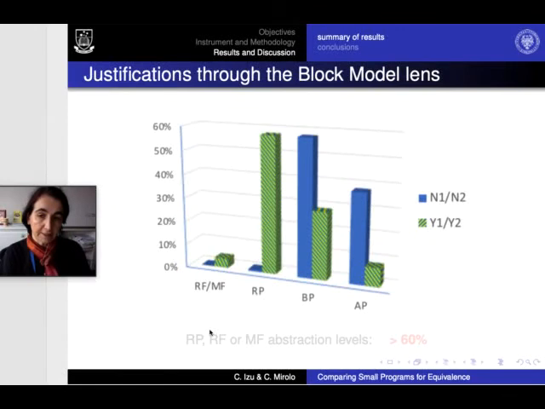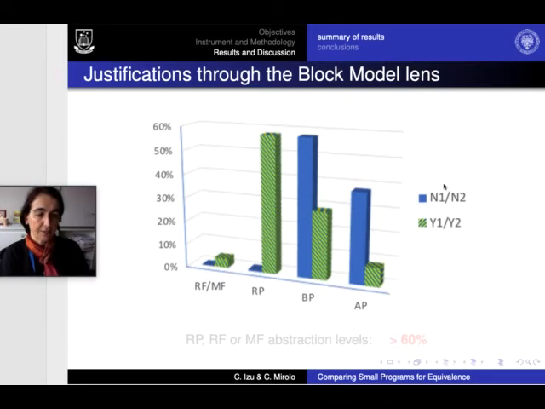If we look at the key insights in terms of the block model, as we expected when we proposed the task, the majority of students are discussing the relationships between the blocks during execution. So they're working at the RP level. A few of them are also working at the purpose level.